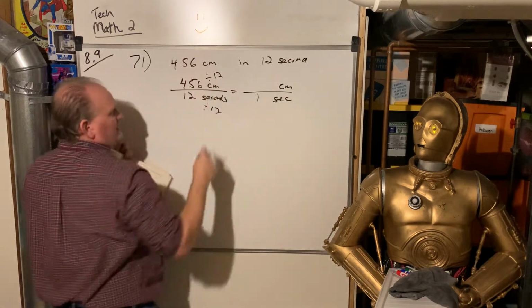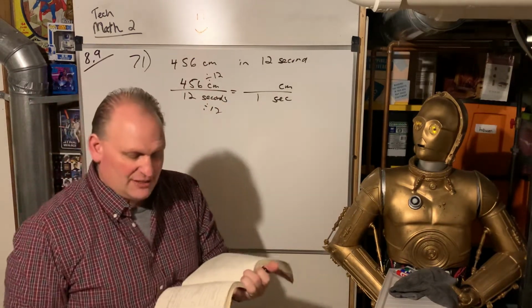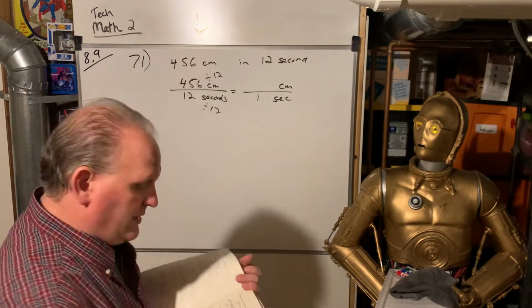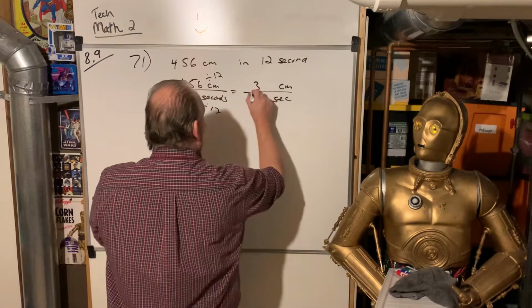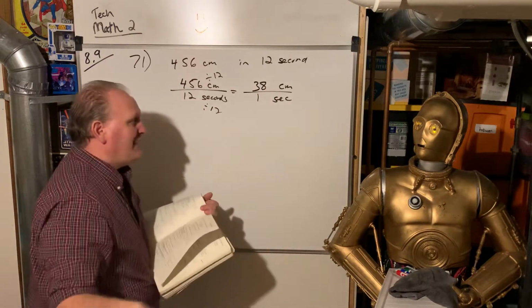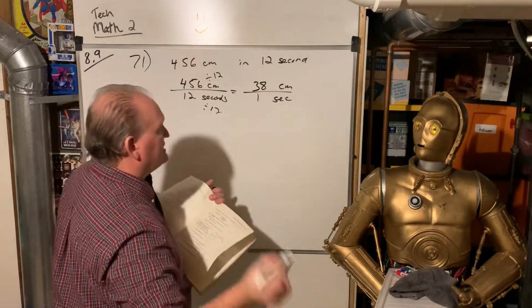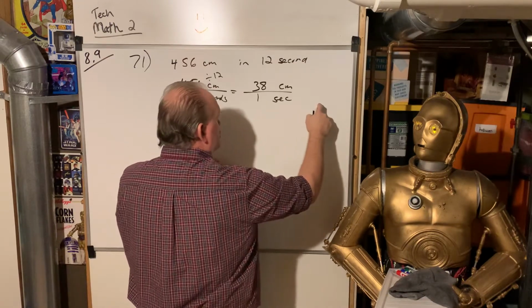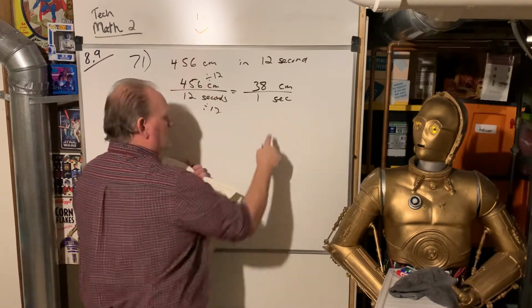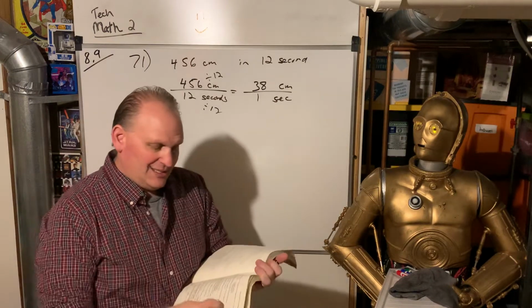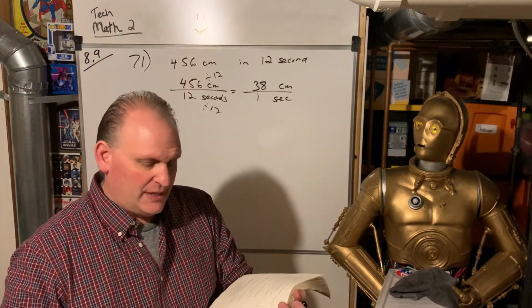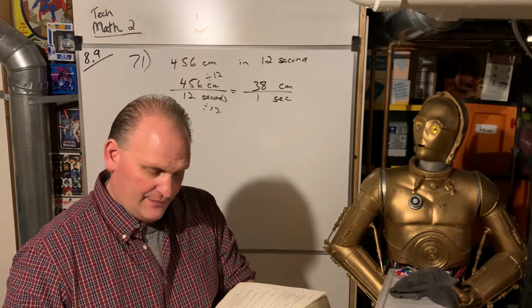Even if that means I'm going to get a decimal here, I'm still going to divide by 12. Now, it does work out where it's exactly 38. But even if that would have worked out to be 38.7, I'd still put 38.7 centimeters in 1 second because we like that centimeters per second. And so we always want the seconds or minutes or the time per hour, we always want it to be 1. All right?